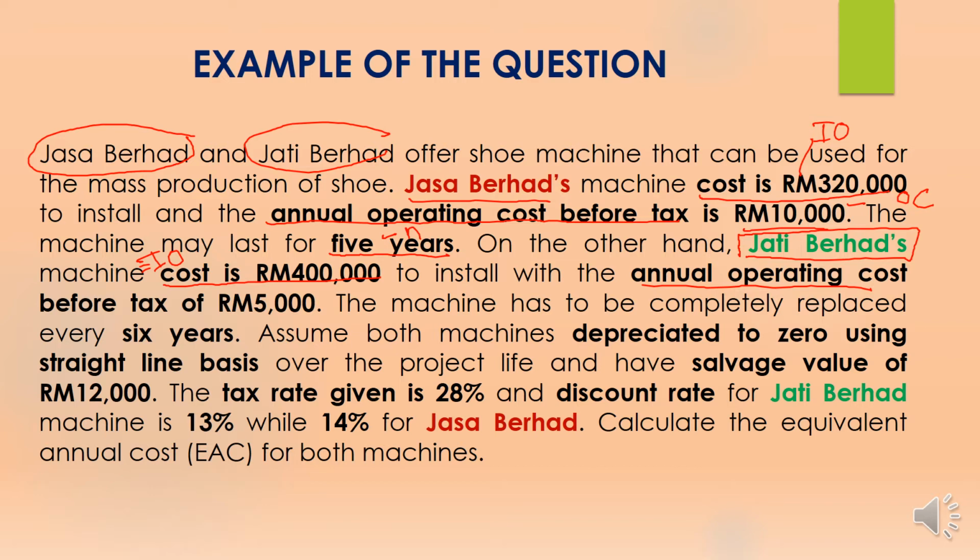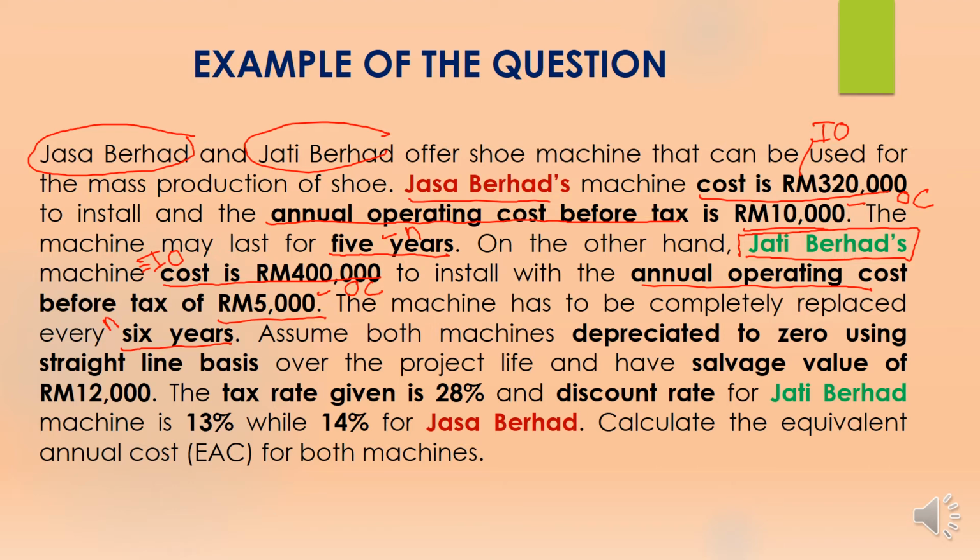So the annual operating cost here represents OC for Jati Berhad, equal to 5,000. The machine has to be completely replaced every 6 years. So 6 years here represents N, or the maturity period of the machines under Jati Berhad.